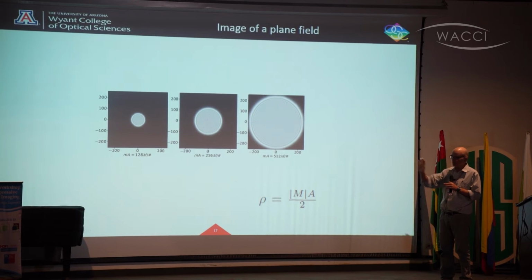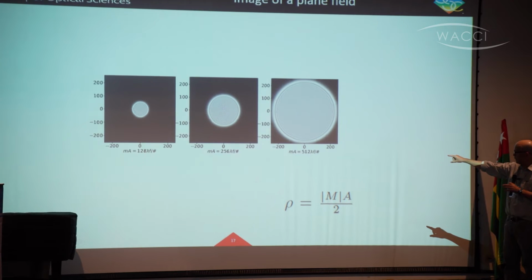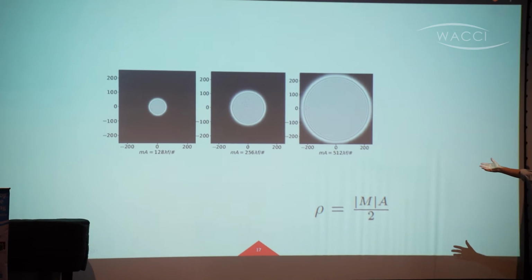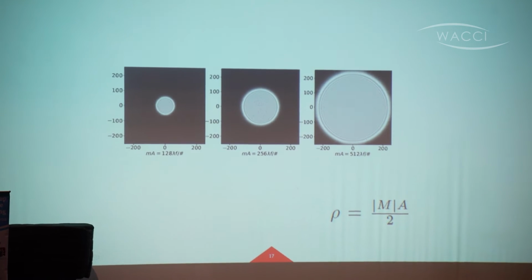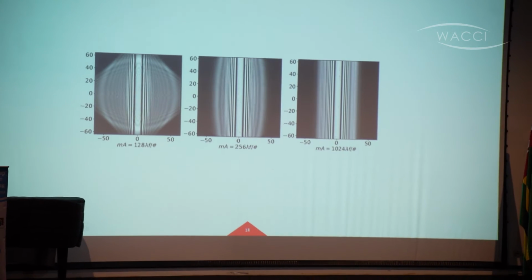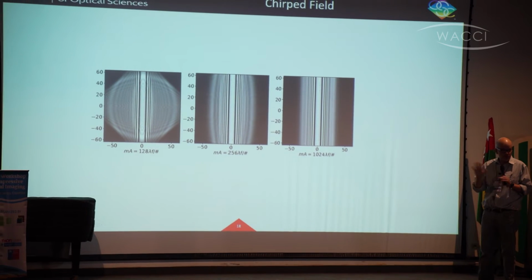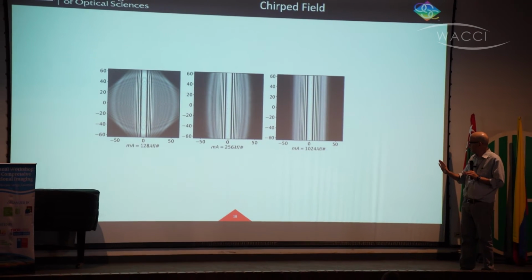So actually, you're trying to image a plane out in space, and if your magnification could be like 1 in 1,000, your disk is going to be 1,000th of the aperture size. So what that means, if we repeat this imaging, we're imaging a chirped field here, the same kind of chirped field we were looking at before.